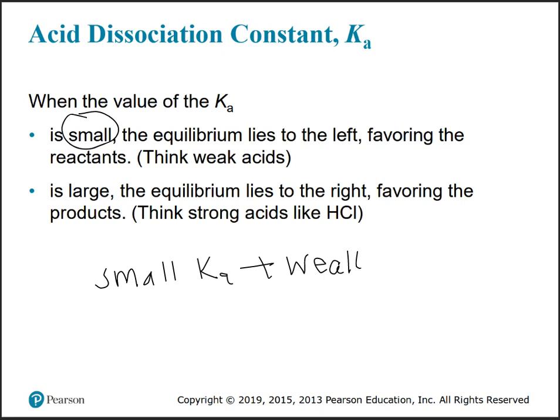If the Ka is large, then that means you're going to favor the products. So you're going to fully dissociate like a strong acid. So a large Ka value, think HCl.